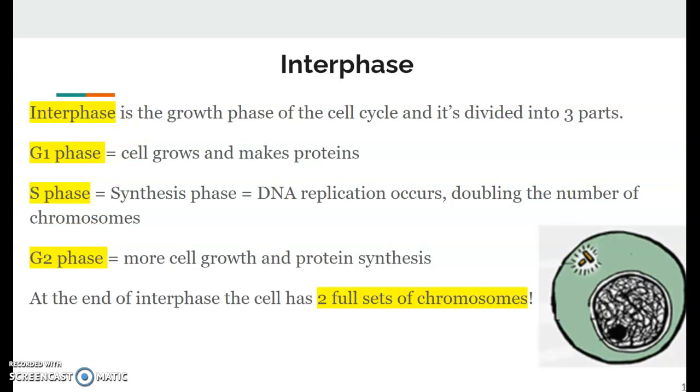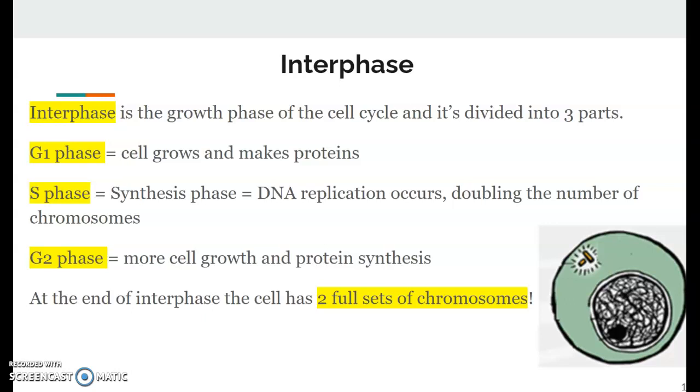So interphase. Interphase has three phases. It has a growth phase or G1, an S phase, and a G2, a second growth phase. So G1 is when the cell grows and makes proteins. This is when the most growth occurs, right? The S phase, which is a synthesis phase, is when DNA replication occurs.